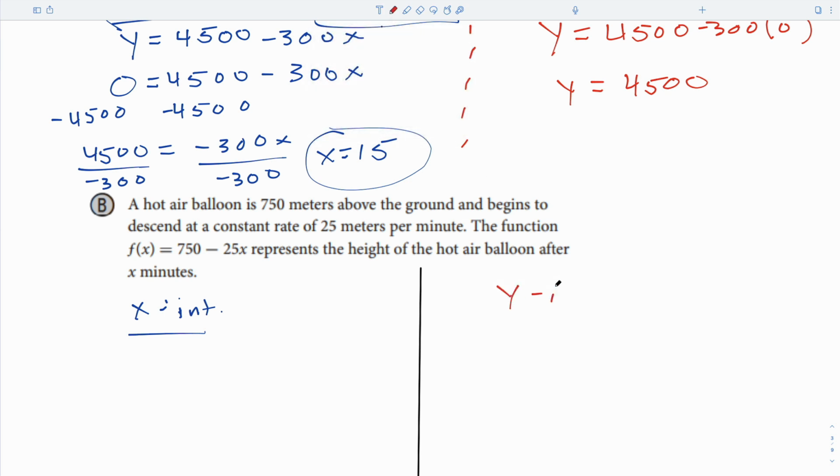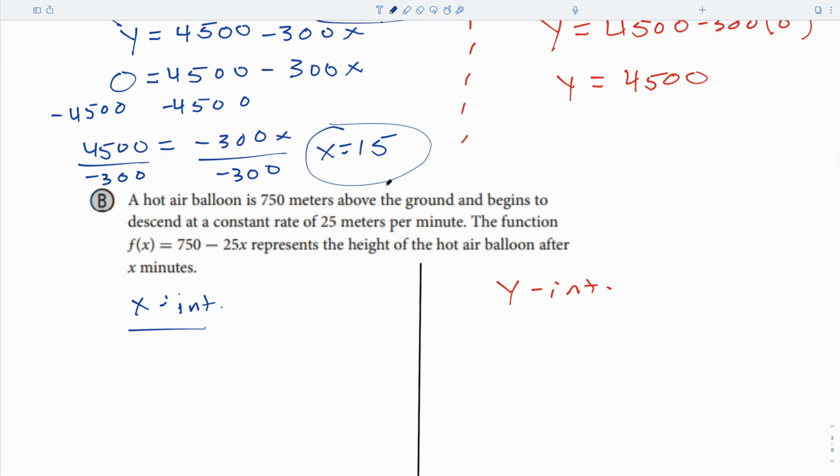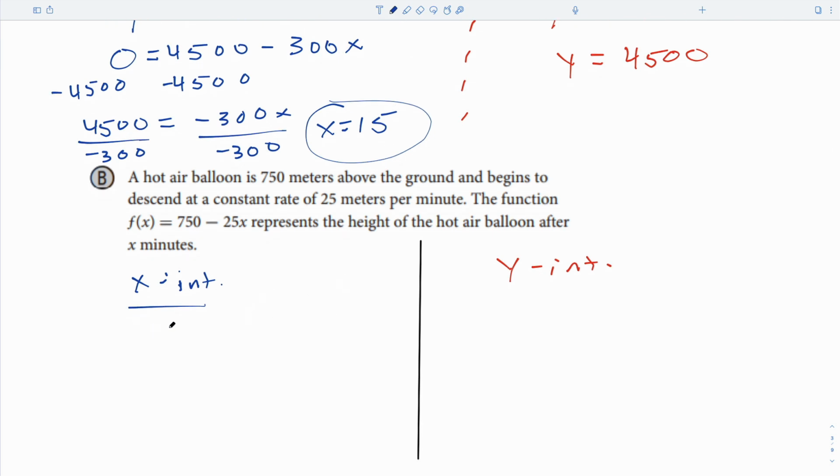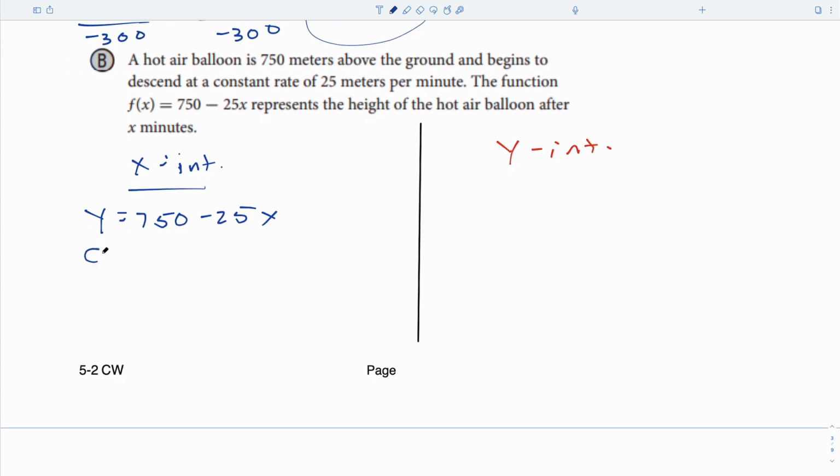What is the x-intercept of this problem? Jasper. 25. Okay. $30?